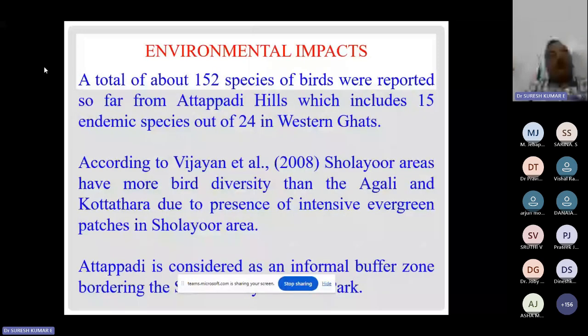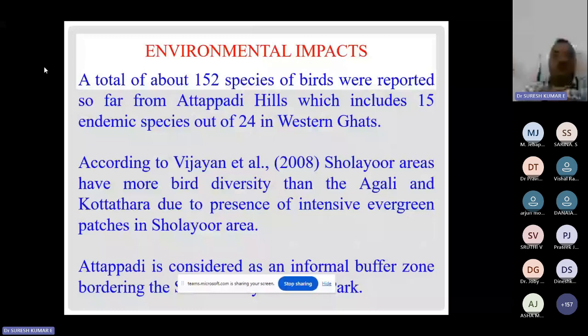Here you can see a total of 152 species of birds were reported so far from Attapadi Hills, in which 15 are endemic species out of 24 in the Western Ghats. Western Ghats is what is called a protected area, a buffer zone. Even the Attapadi area itself is an unofficial, informal buffer zone where 152 species of birds are there, and 15 endemic species out of 24 in the Western Ghats.